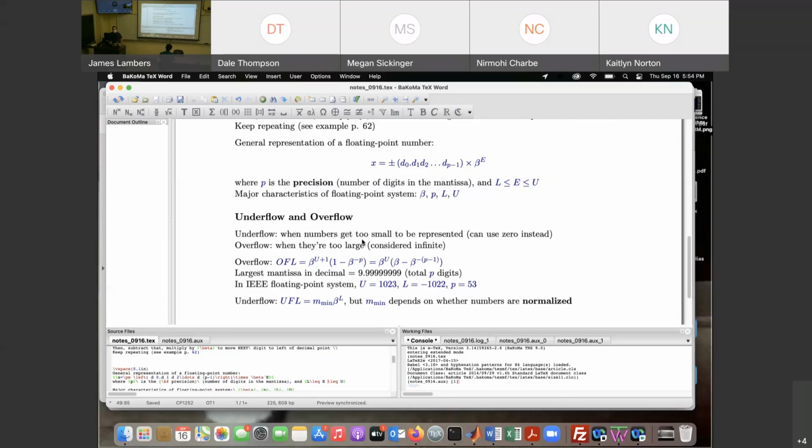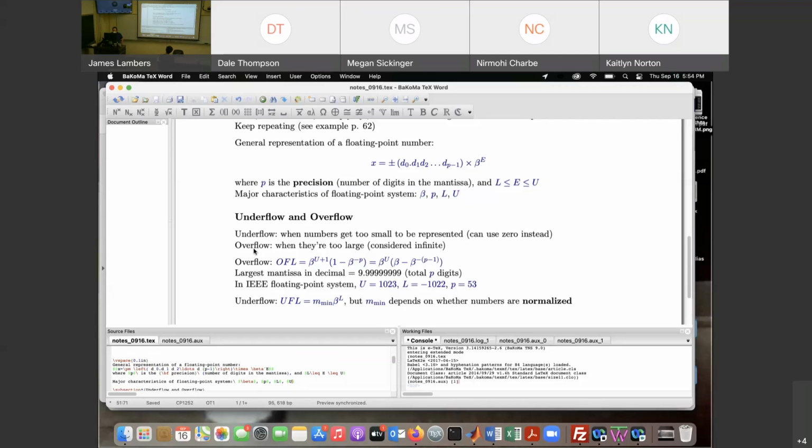And underflow isn't really a big problem, because if a number is too small to be represented based on the parameters that you have here, you can declare it to be 0, and that's perfectly reasonable. It's a good approximation of a number you can't represent. But it's important to know how small is too small in whatever system you're using.